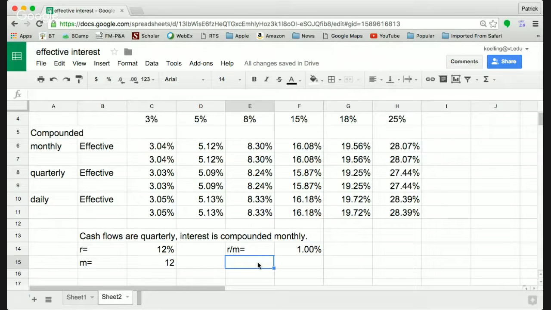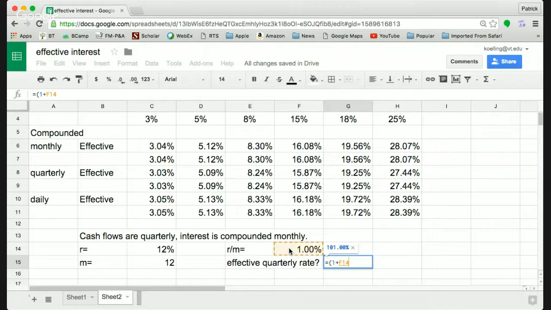So what is our effective quarterly rate? Our effective quarterly rate is going to be equal to 1 plus, we've already got our R over M, stays the same. 1 plus R over M, and then it's the power that's the secret here.